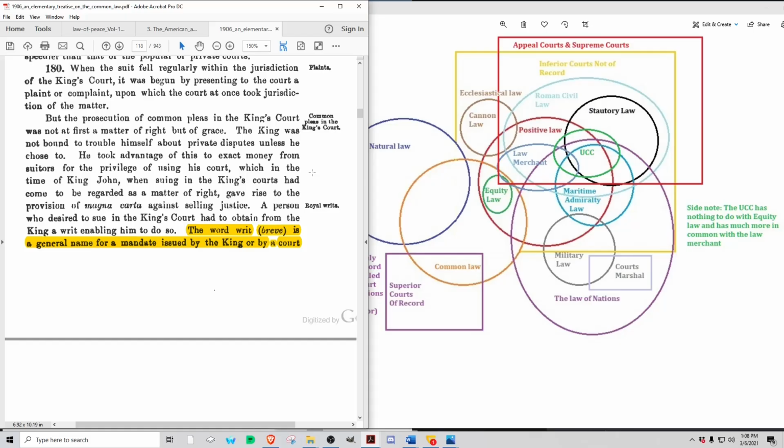He took advantage of this to exact money from suitors for the privilege of using his court, which in time of King John, that's the guy that they forced to sign the Magna Carta, the pain in the ass, when suing in the King's Court had come to be regarded as a matter of right, gave rise to a provision of Magna Carta, right? Against selling justice, which is called barratry.